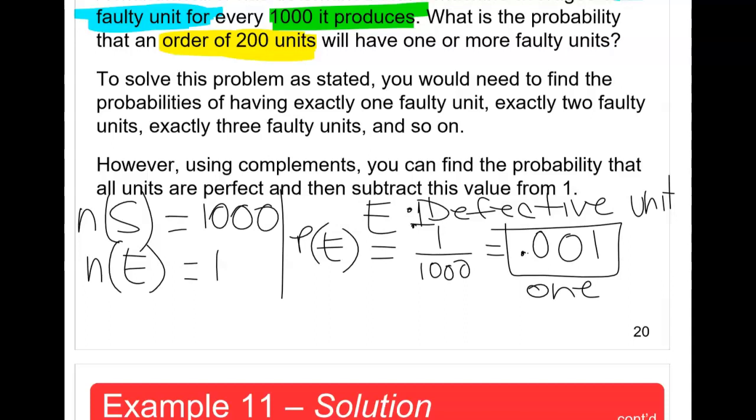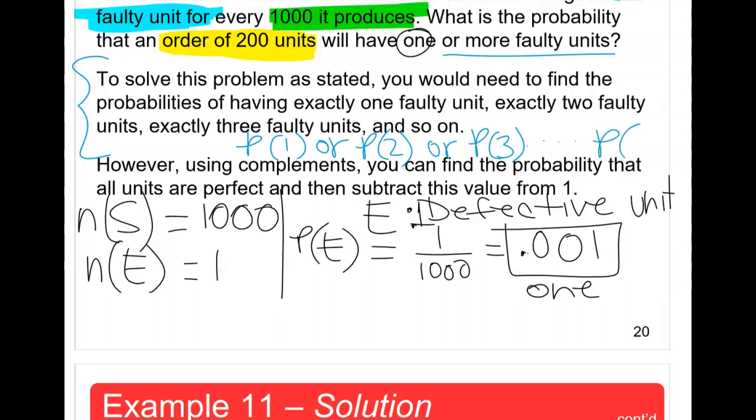But the question says 1 or more faulty units. So if we read the next paragraph here, it says that to solve the problem as it is stated, we will need to find the probability of having 1 defective unit, or 2 defective units, or 3 defective units, and so on, all the way to the probability of having all defective units.